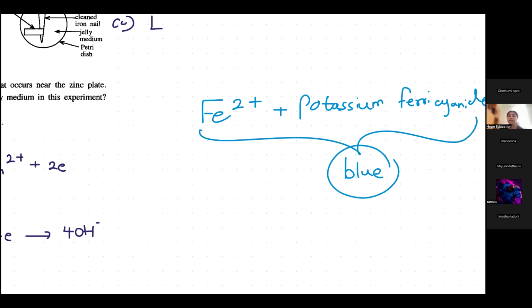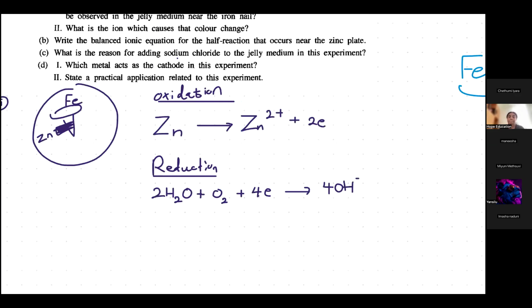Is Fe2+ produced here? Is Fe2+ produced here? Look and tell me. Are Fe2+ ions produced?